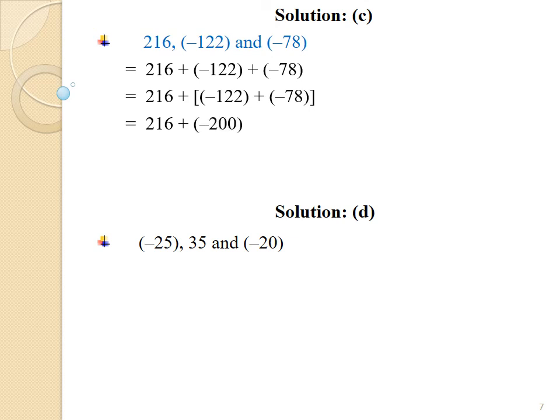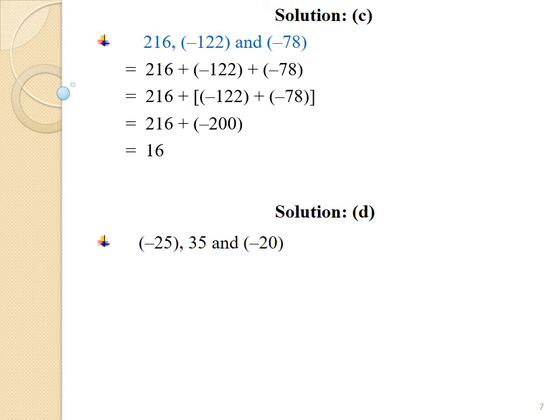Now, subtracting the smaller number 200 as a whole number by ignoring the minus sign from the greater number 216, we get 16. Thus, 216 plus -122 plus -78 is 16. Students, we get the answer in positive as 216 is greater than 200.